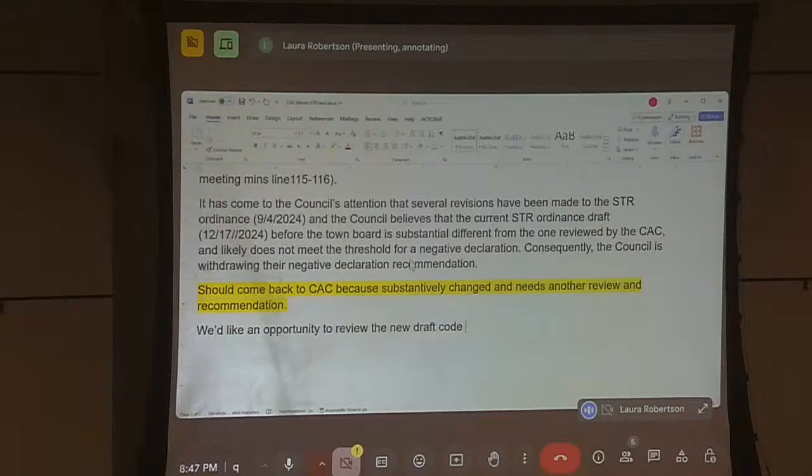But my recommendation would be we take it down to the paragraph where Laura has it on screen, the last sentence, and put that last sentence in, and then drop the rest of the memo. Table it for the next meeting. Yeah, I agree 100%.